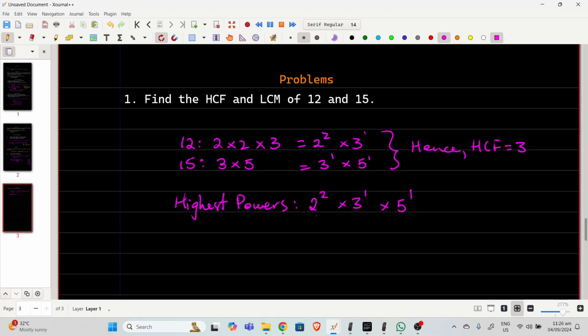So 2 twos are 4, then 3, and 5. So 4 times 3 times 5, that will be our answer. This is 12 times 5, which is 60. So LCM is 60.